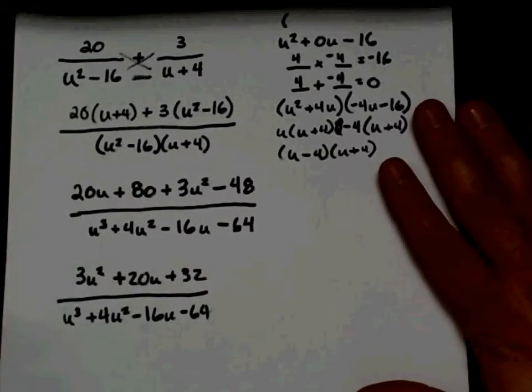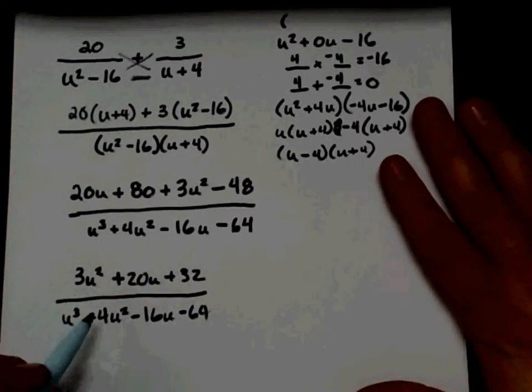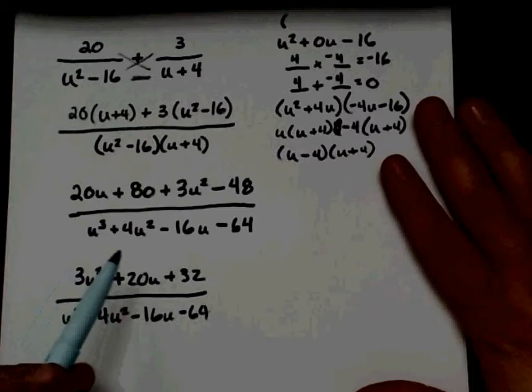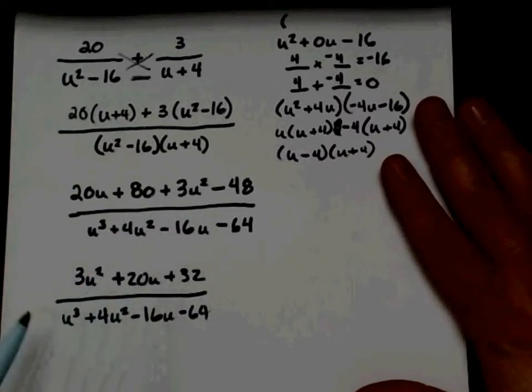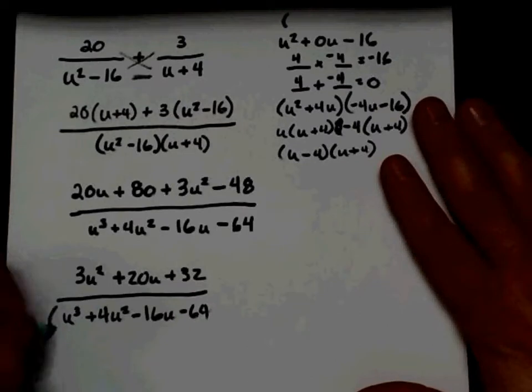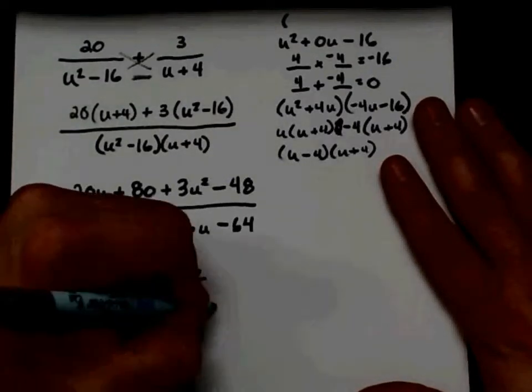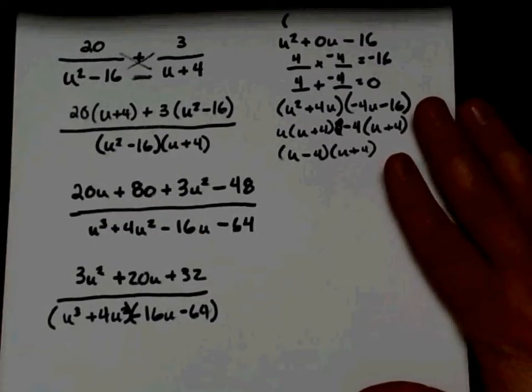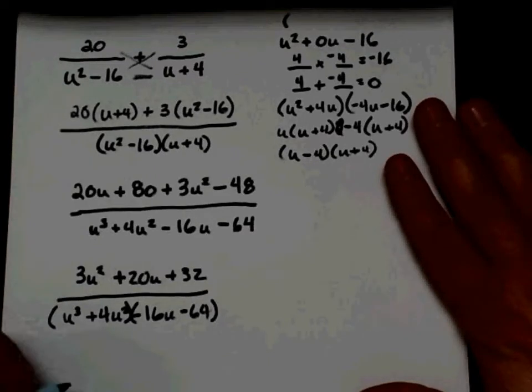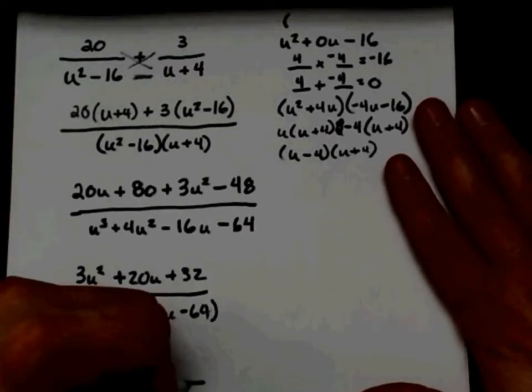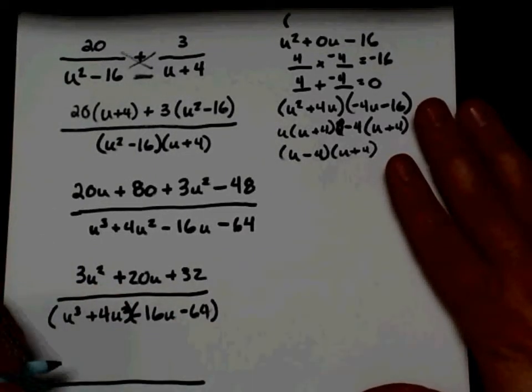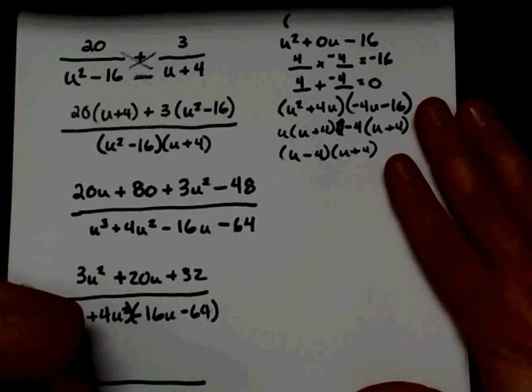All right, and now what I'm going to do is what my factoring will allow me to do. So this will be my group right down here. That group is going to factor as u squared, and that's going to leave me u plus 4.